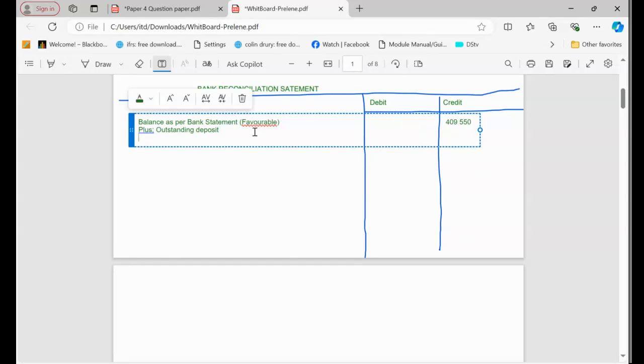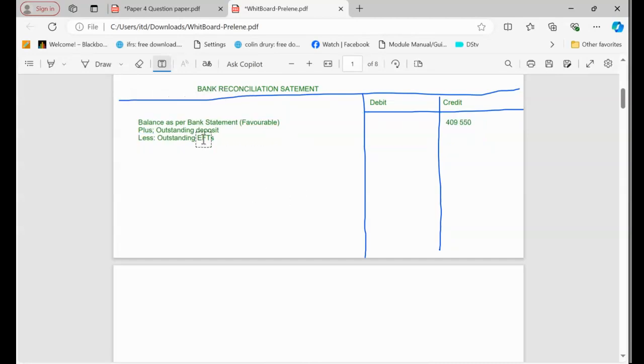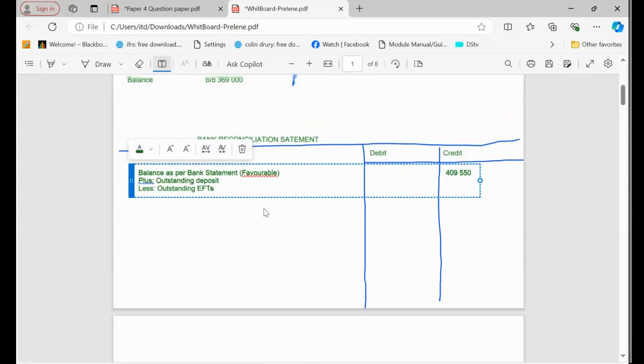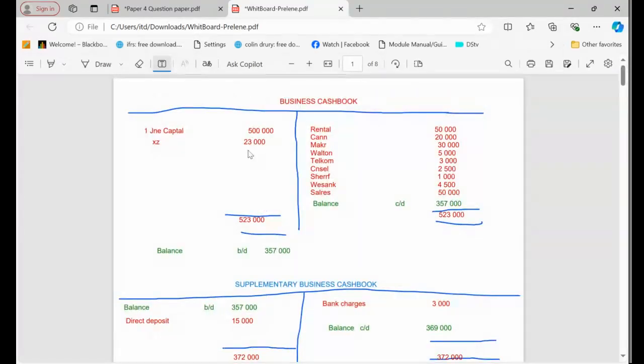Thank you so much. So next, you can say less outstanding EFTs. The same way, there was no outstanding deposit, because whatever is here is appearing on the bank statement.